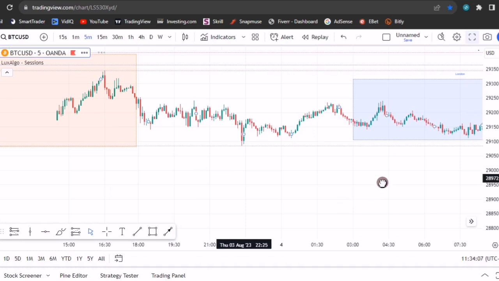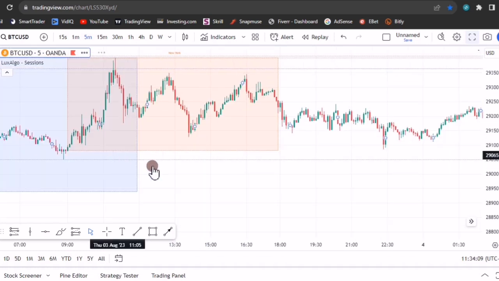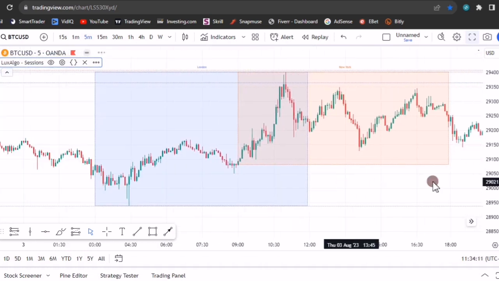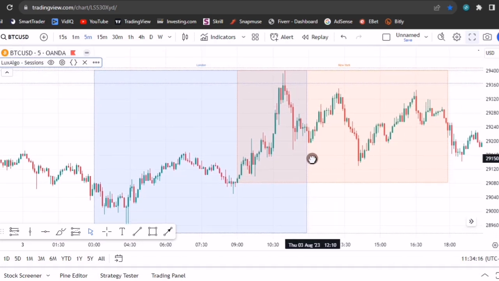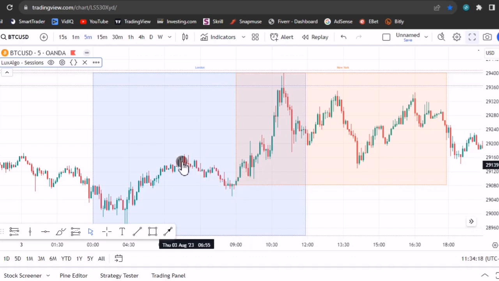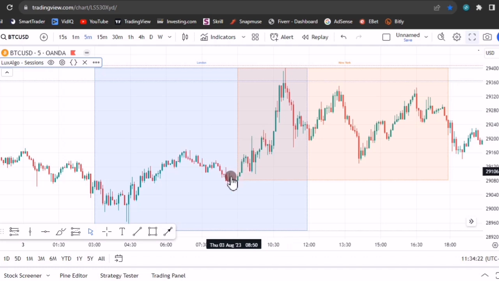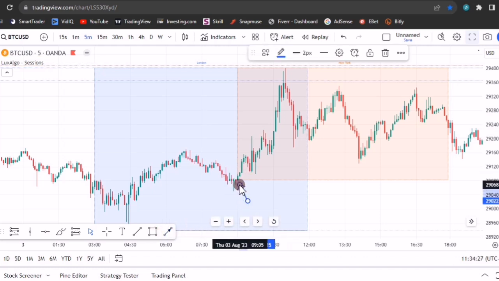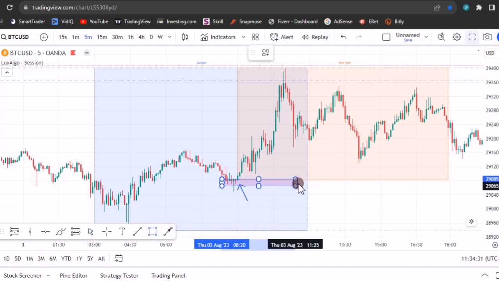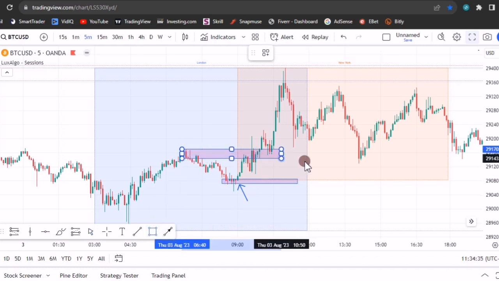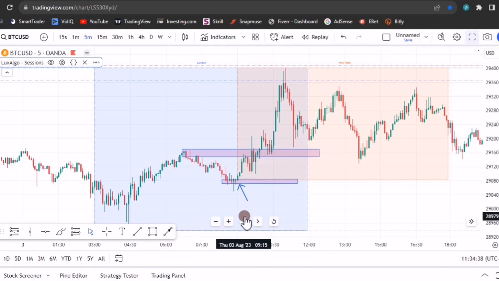Bitcoin is very easy. Let's see right here. So what do we have? You have this V, even though it was not so easy to identify, but you do have this V which started up there.